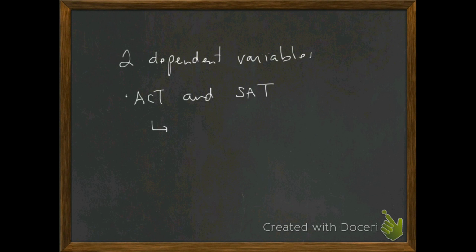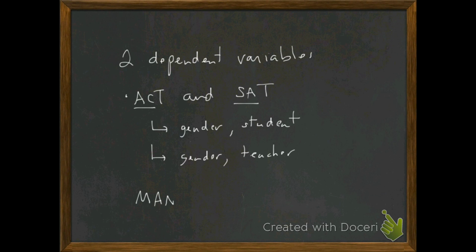But we still have gender of the student, and we have gender of the teacher. Since we have two dependent variables in here, we're going to get into what's called a MANOVA design. And a MANOVA is just a multivariate analysis of variance.